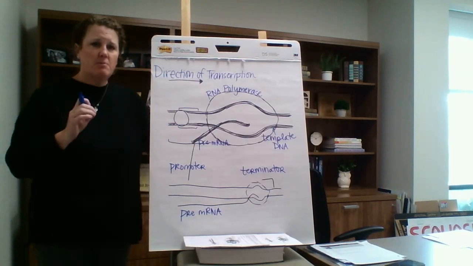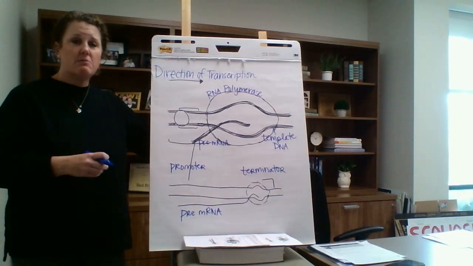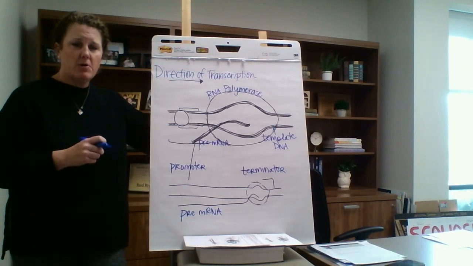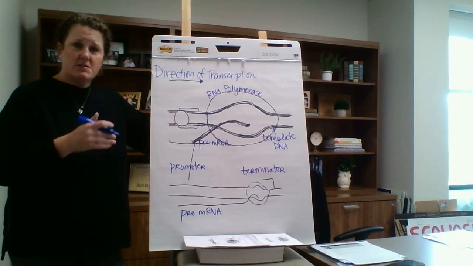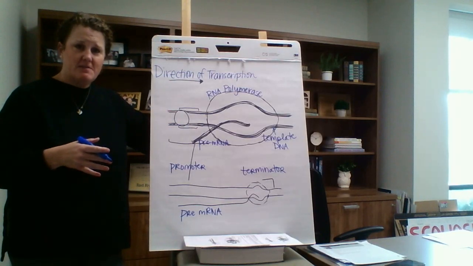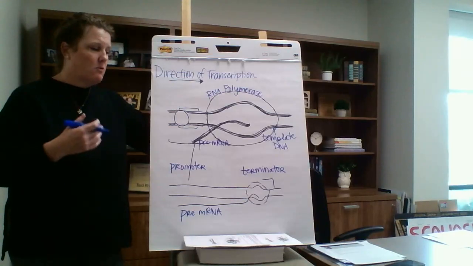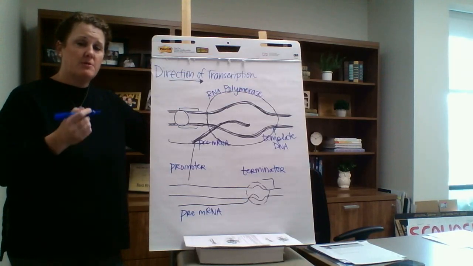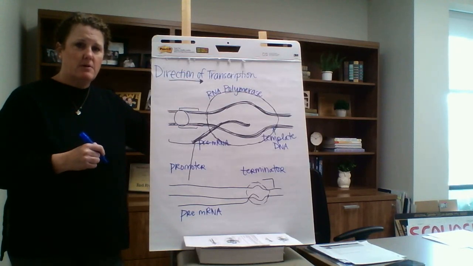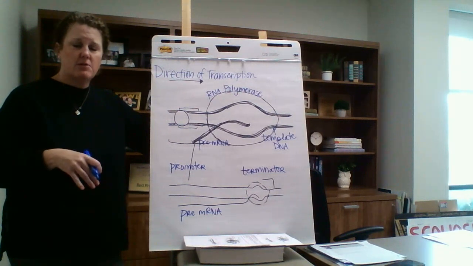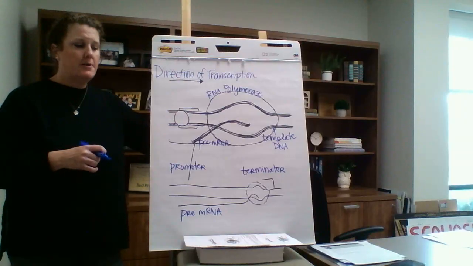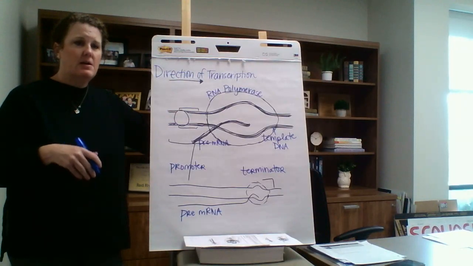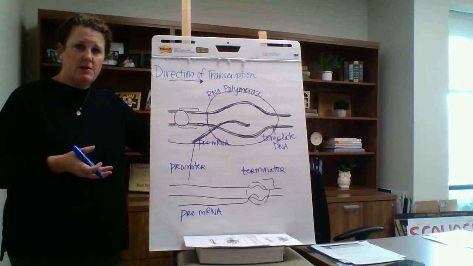So one of the most important things to know about gene regulation are these proteins called transcription factors, okay? Once again, proteins, always highly specific. So in order for RNA polymerase to be able to bind to the promoter, there have to be other regulatory proteins in place, and we simply call these transcription factors. There's all different types. They're very specific in what they do.